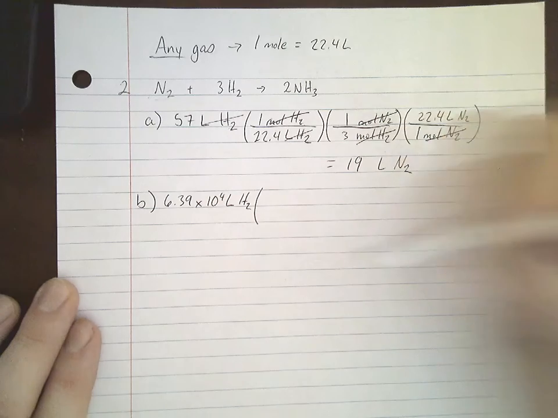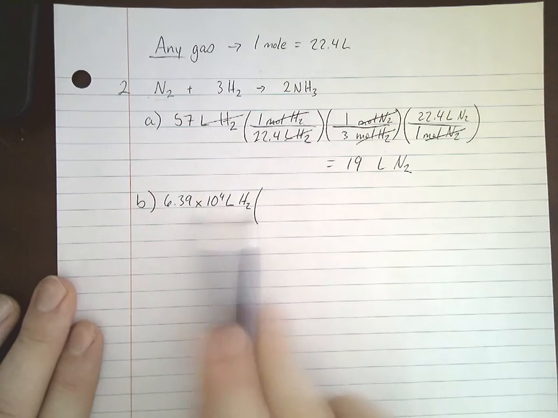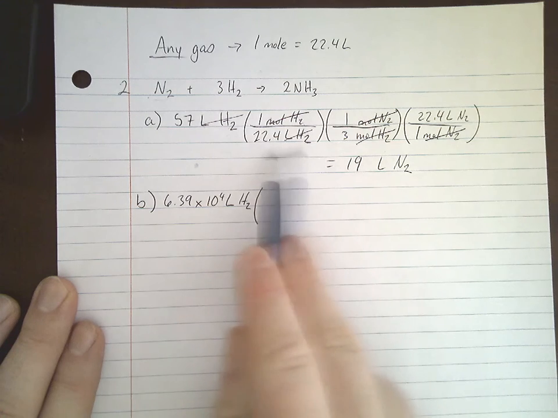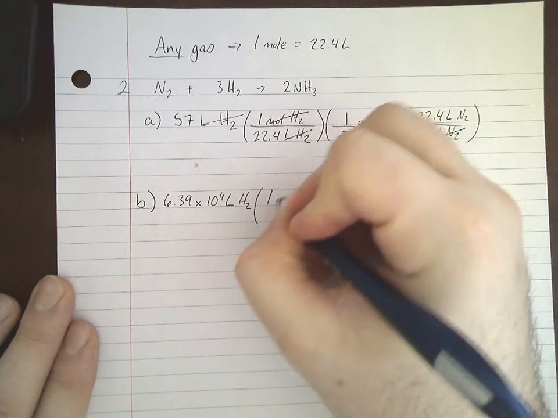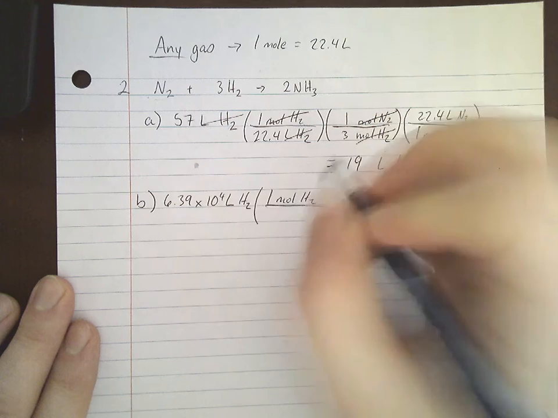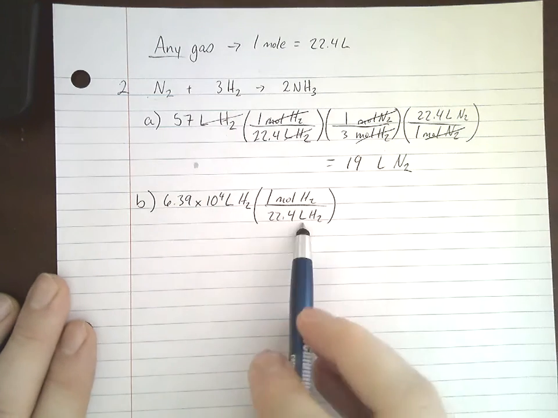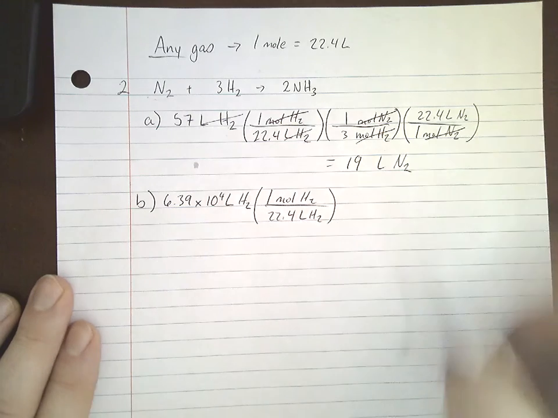So we're going to work this the same way. We're given liters of hydrogen, so the first thing we need to do is use this equivalency to convert that into moles. So 1 mole of hydrogen is equal to 22.4 liters of hydrogen. Again, we put liters of hydrogen on the bottom so that will cancel.